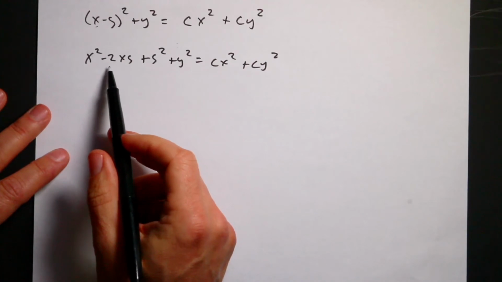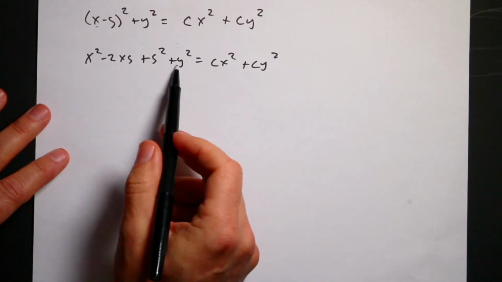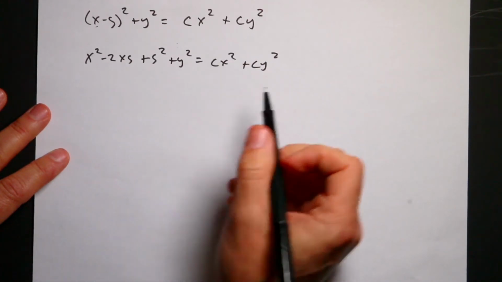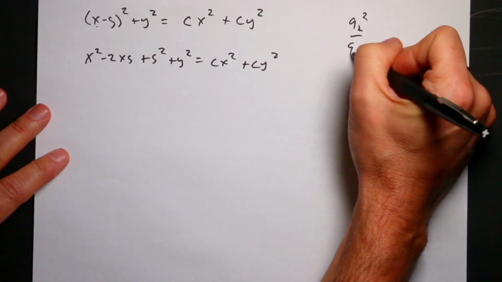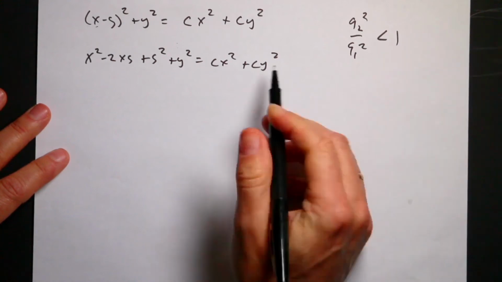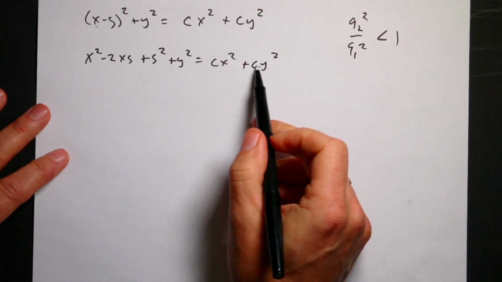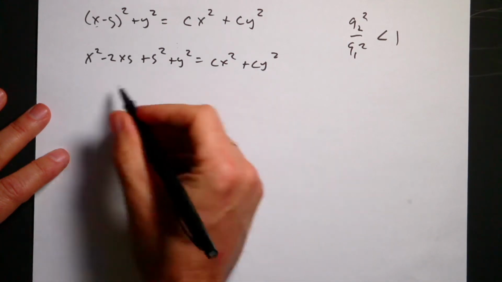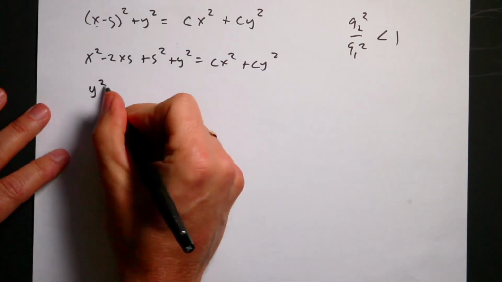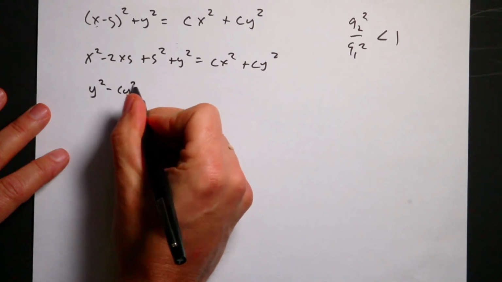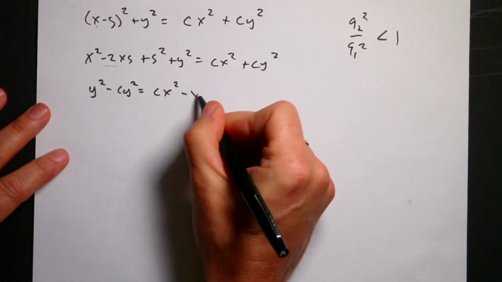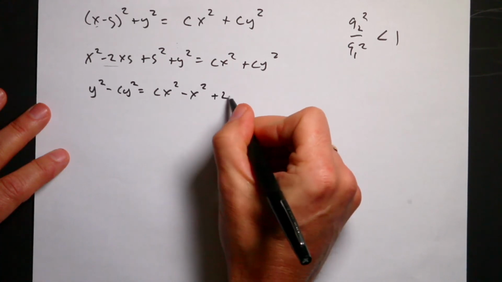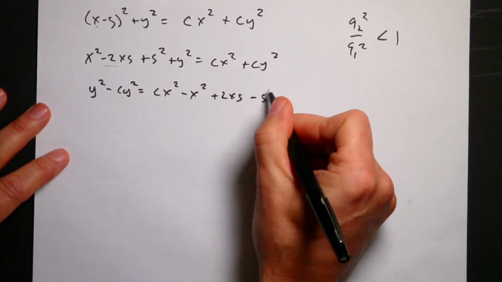Okay, so now I want to get all the y's on one side. Let's just think: q2 squared over q1 squared is less than 1, because q2 is smaller than q1. So if I subtract this from each side, I get y squared minus c y squared, and I'm going to move these terms to the other side, equals c x squared minus x squared plus 2xs minus s squared.